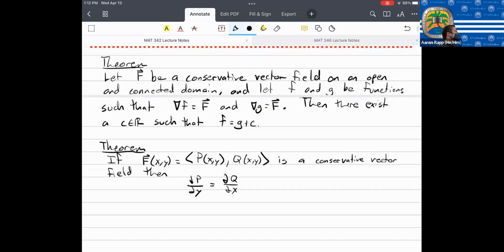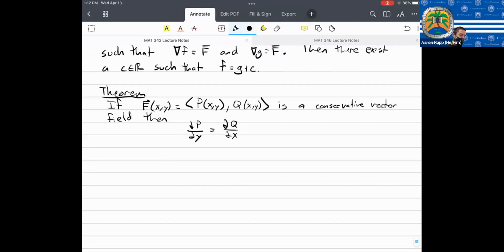If this is going to be a conservative vector field, then these two partials have to be equal. How the x component of the vector changes with respect to y has to be the same thing as how the y component changes with respect to x.